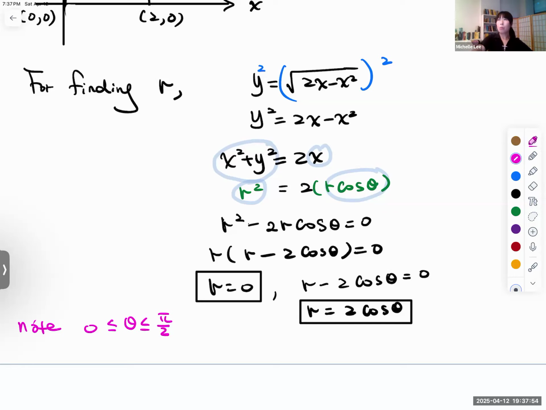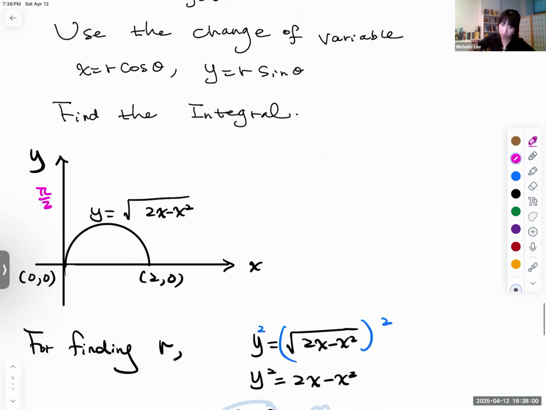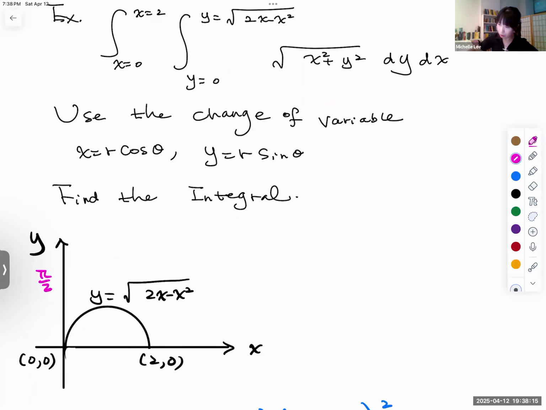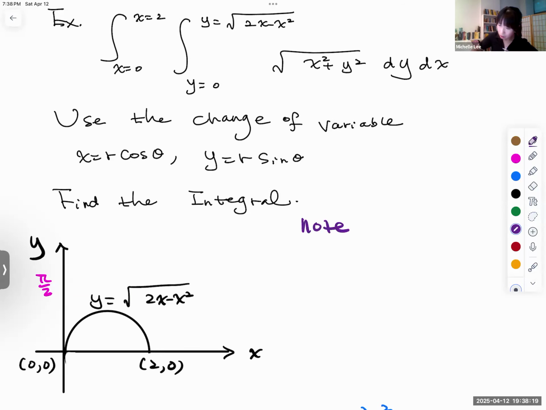One more thing. We have the function, right? On the top, the square root of x squared plus y squared. So let me write down a note here. We have the square root of x squared plus y squared.